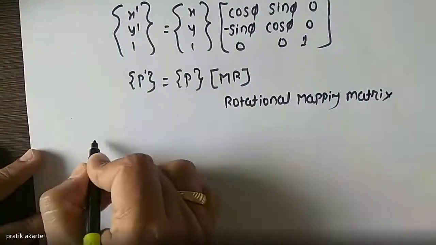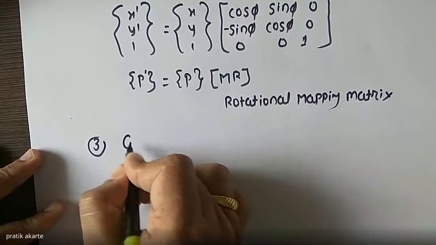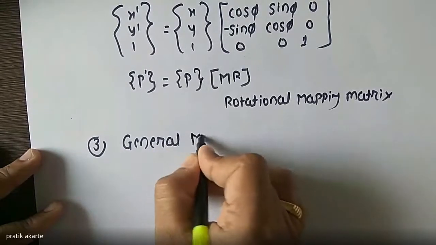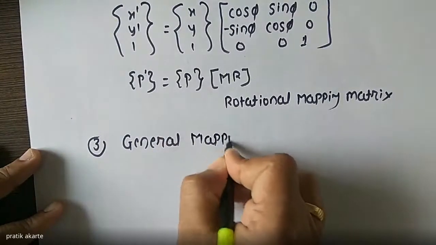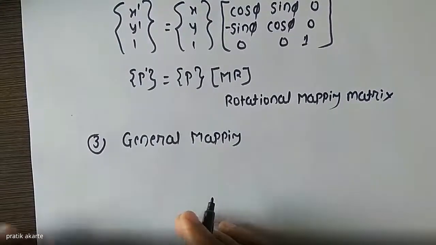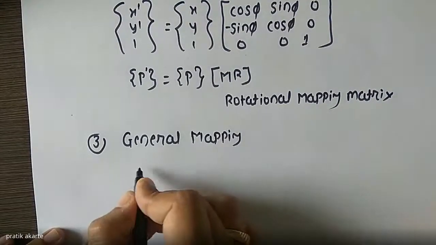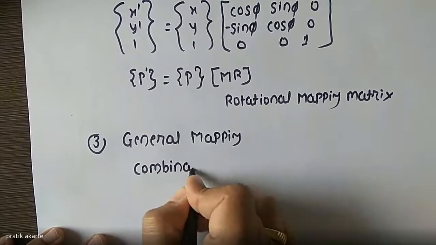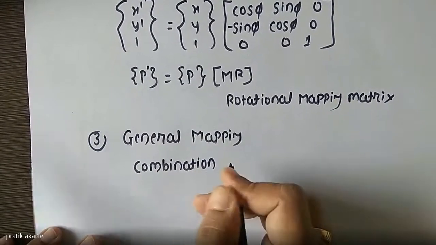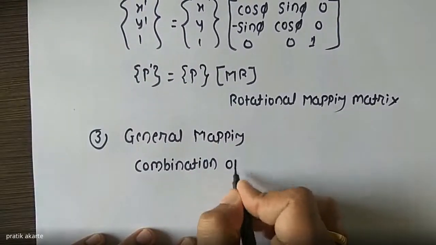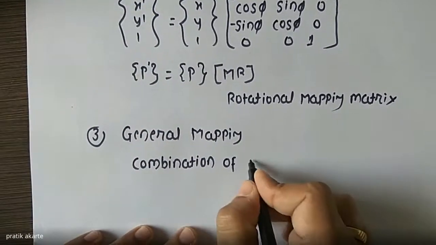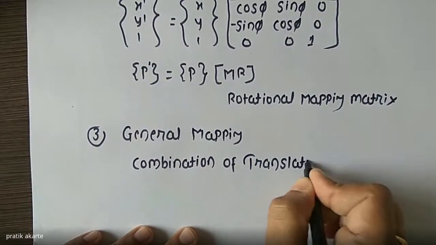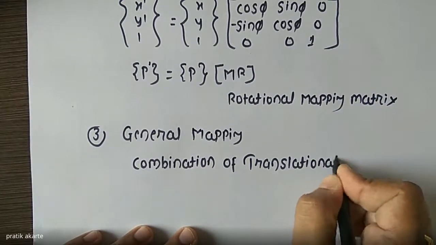Now, the third type of mapping is general mapping. Now, what is general mapping? It's a combination of translation mapping and rotational mapping.